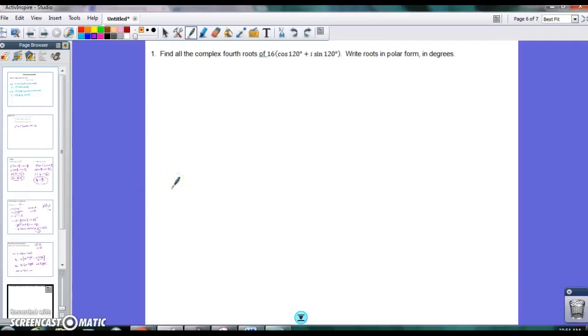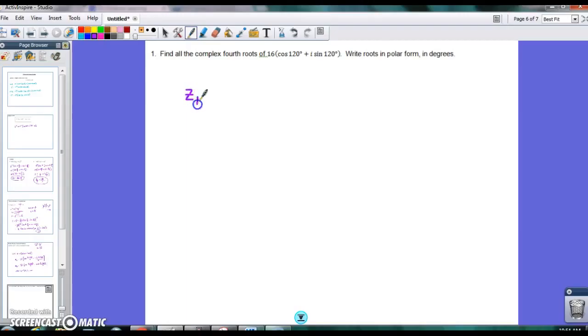Okay, everybody, so in this first example, I am looking for all the complex fourth roots of this complex number in polar form. It says write the roots in polar form in degrees. Our problem was given to us in degrees, so we're going to write our answer in degrees.